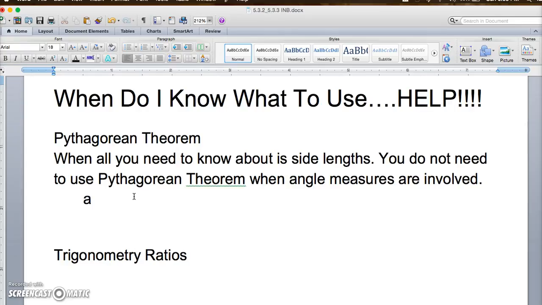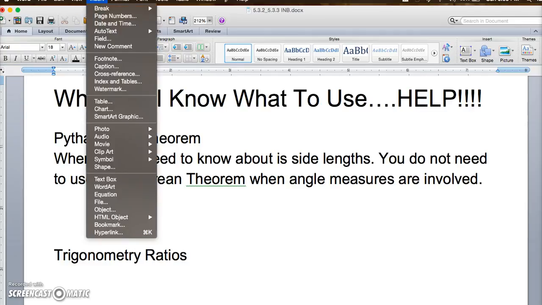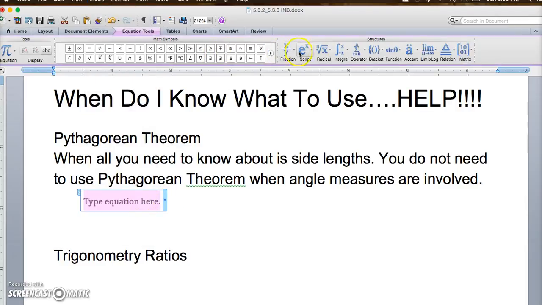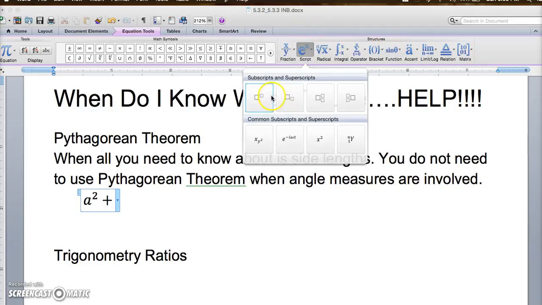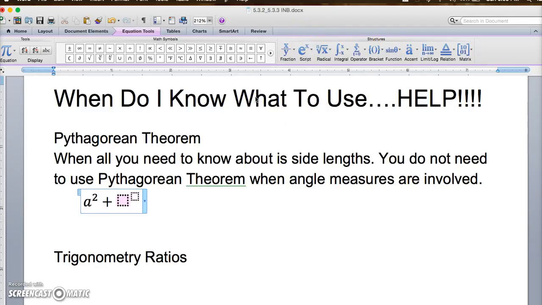Remember, the Pythagorean theorem says a squared plus b squared equals c squared.